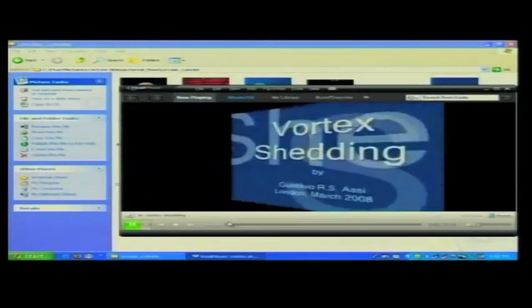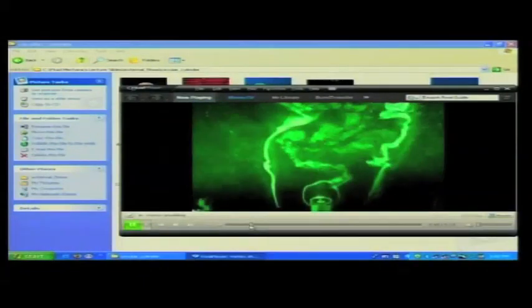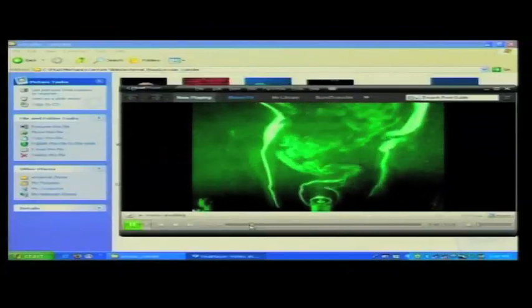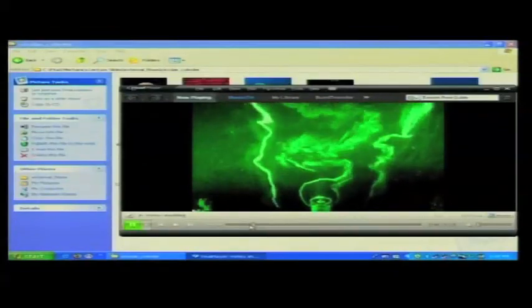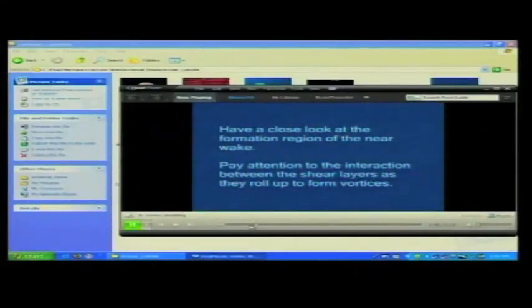Now we will look into one interesting flow visualization of vortex shedding. This phenomenon is known as vortex shedding. It is flow past a cylinder, but it is not just for a cylinder; it could be for a body of any similar shape, and the cylinder is just a demonstration.